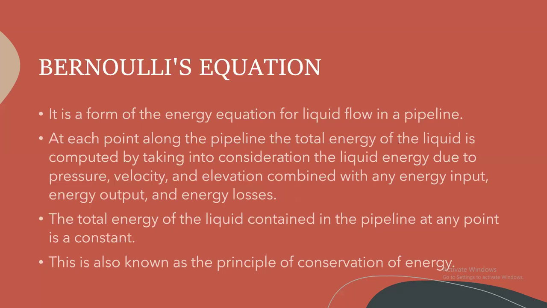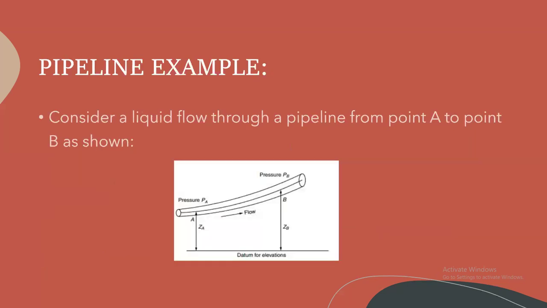So the particle at any point has the same energy. Here I have a diagram. Consider a liquid flow through a pipeline from point A to point B, as shown.